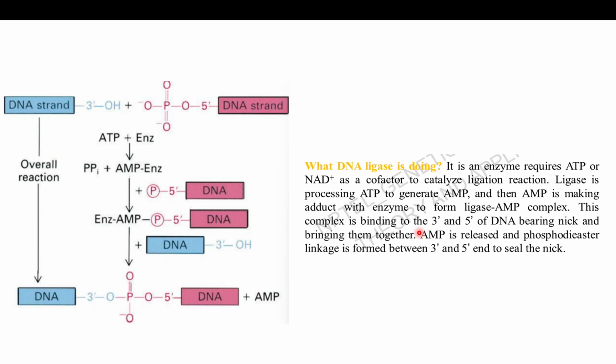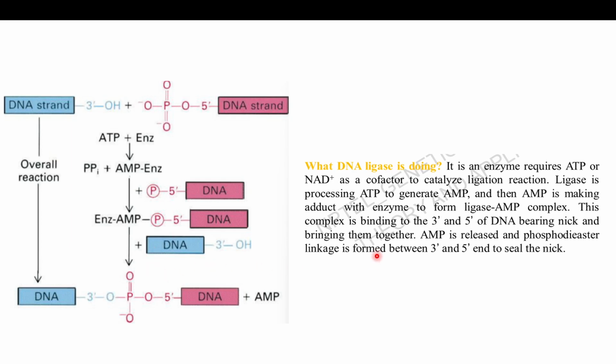DNA ligase enzyme requires ATP or NAD plus. Ligase processes ATP to generate AMP, thereby releasing PPi, and then AMP makes an adduct with the enzyme to form this ligase-AMP complex. This complex binds to the 3' and 5' ends of DNA bearing the nick and brings them together.